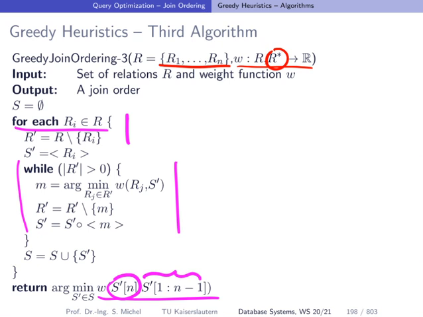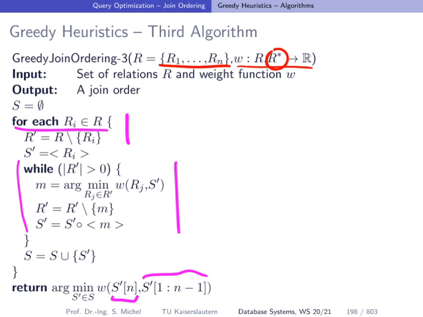So we try out all of the starting relations, and then we start the greedy picking again, like in greedy 2, and in the end we pick the sequence. We have multiple sequences, as many as we have relations, and we pick the one where the weight of the last picked relation regarding the n-1 previous picks is smallest.